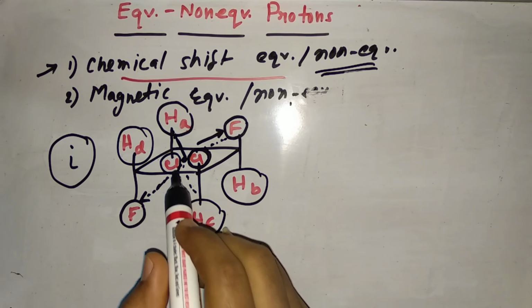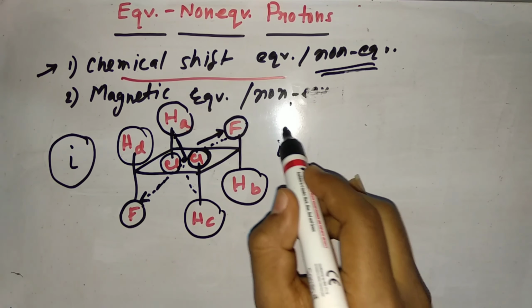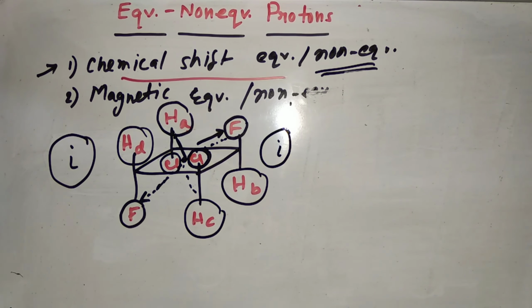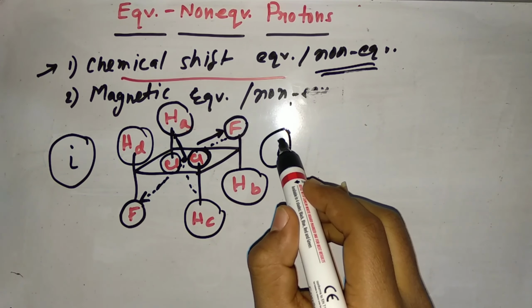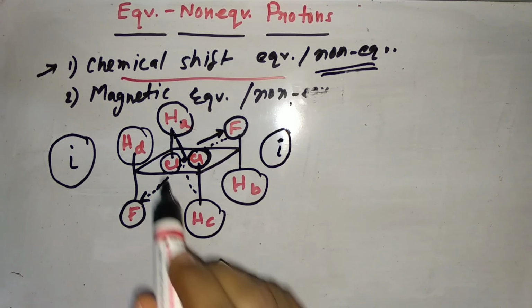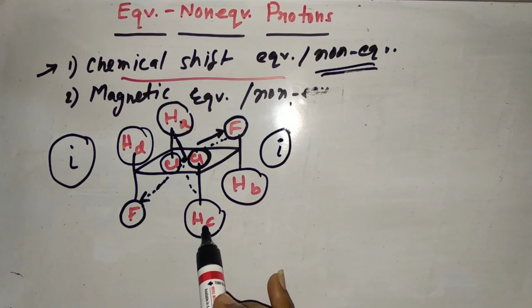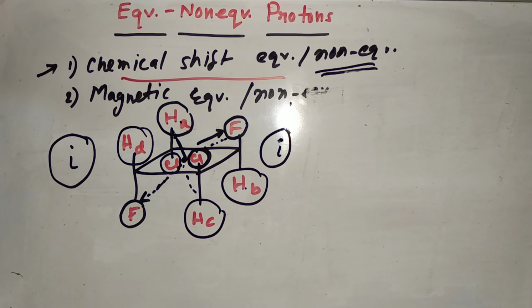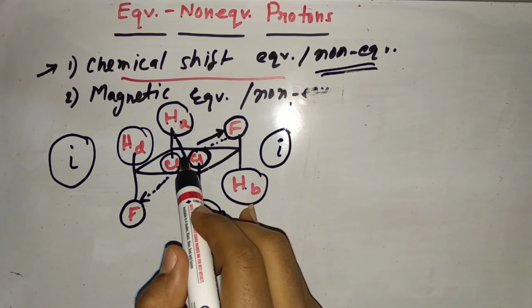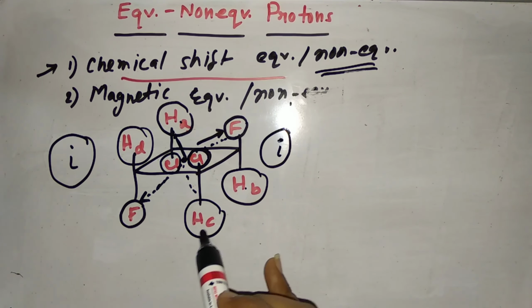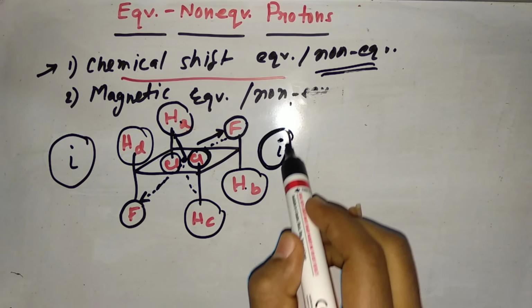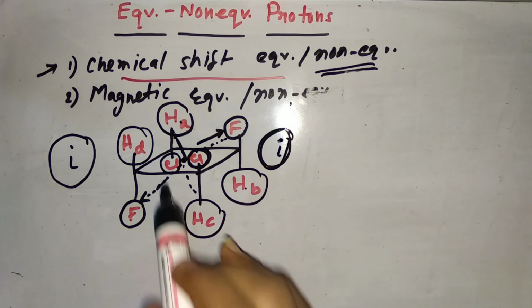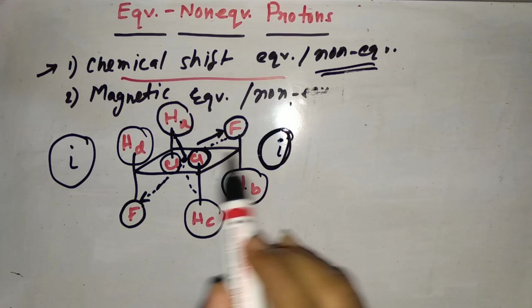That is why we call this point the inversion point or inversion center. That results in HA and HC being chemically equivalent, and HB and HD being chemically equivalent, because this center relates this hydrogen and this hydrogen, making it the inversion center.